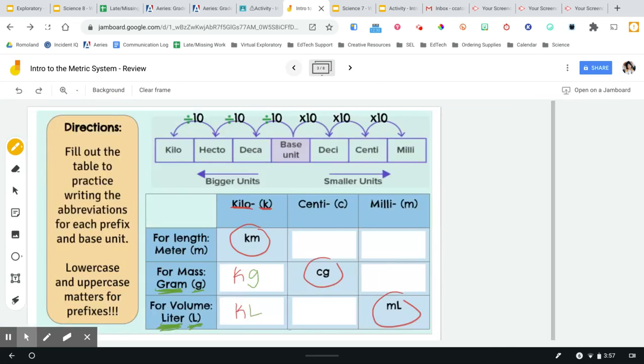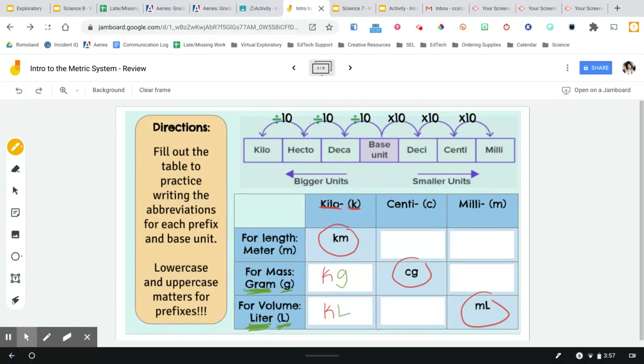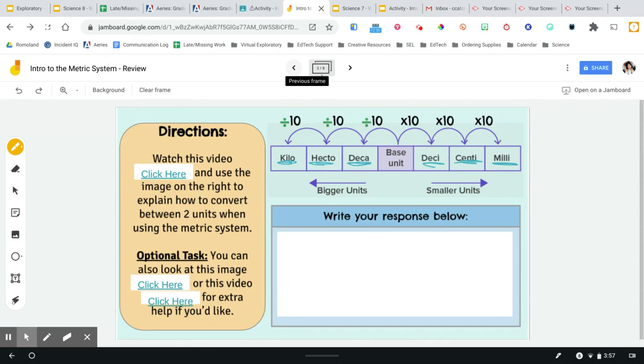So let's move back to this slide here. And I do want to go over what it means to convert units. Converting units means that you are taking an amount of something in one unit and you are changing it to, let's say, another unit. And we have seen this in our daily lives.